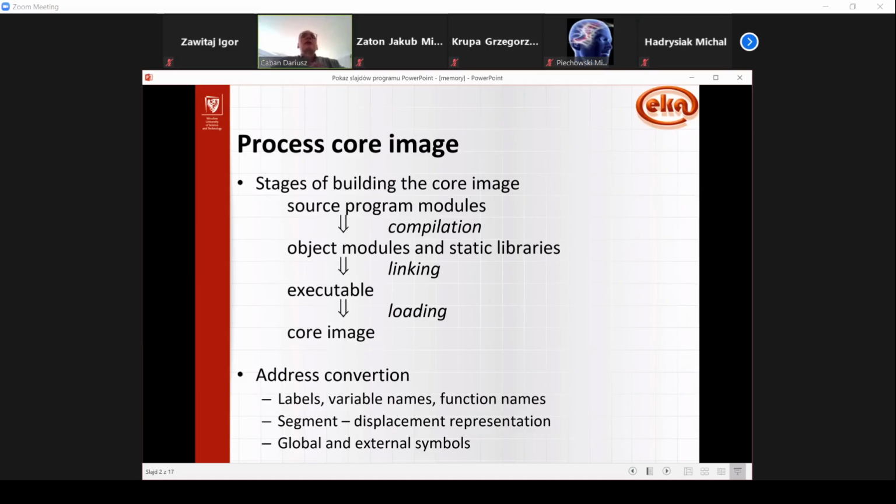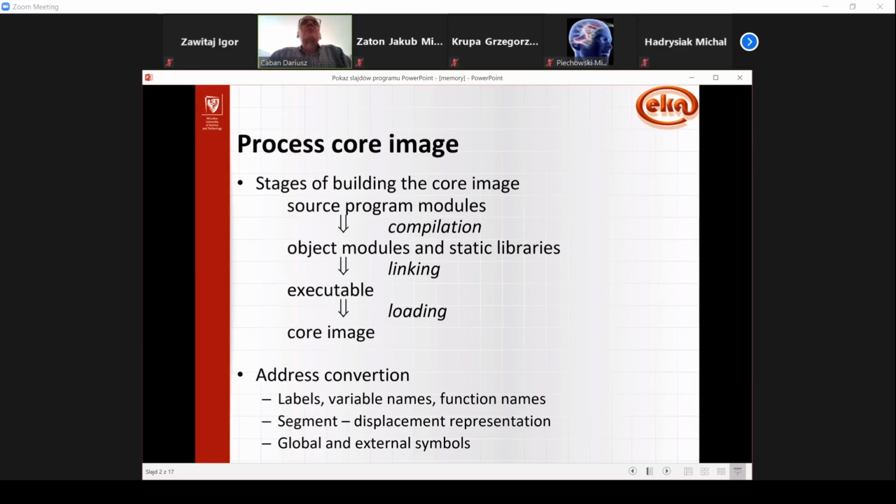Okay, so that way you have modules which then you have to combine. Combining the modules means that memory needed for the code, memory needed for variables, and so on, they are grouped and they are combined together. That's the first thing that is being done.